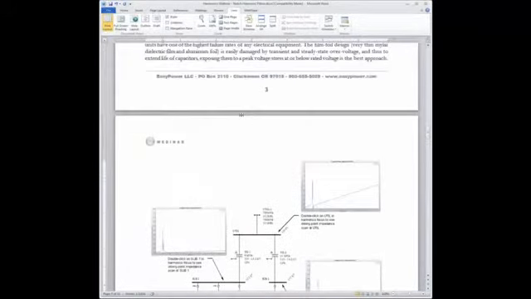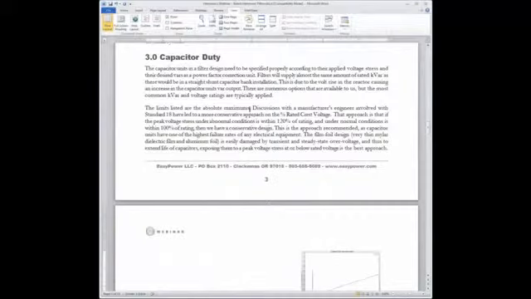So for instance, I actually discussed that right here in this section of notes. What we want in our design is to make sure that when we're absorbing harmonic current in our notch filter, we take into consideration the additional voltage rise, the peak voltage rise that we see across the capacitor.